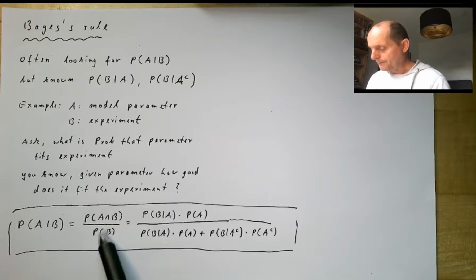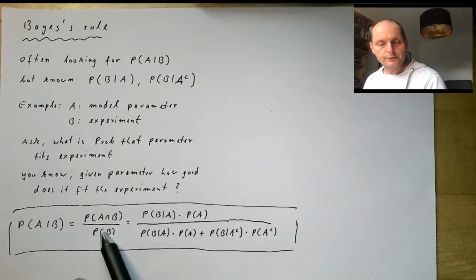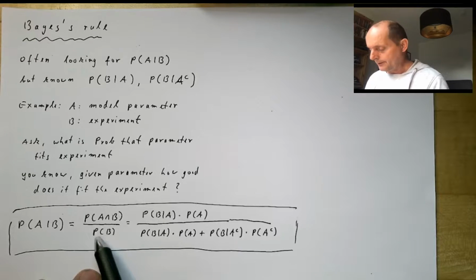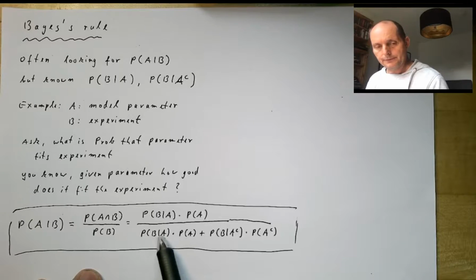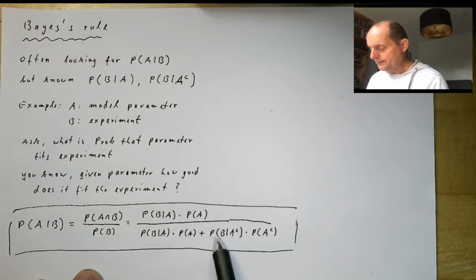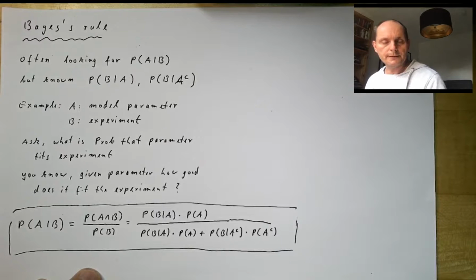Then we still have to deal with the denominator, and here we can use the partition rule. So we say, okay, probability B is the conditional probability B given A times P of A plus the conditional probability B given the complement of A times the probability of the complement.